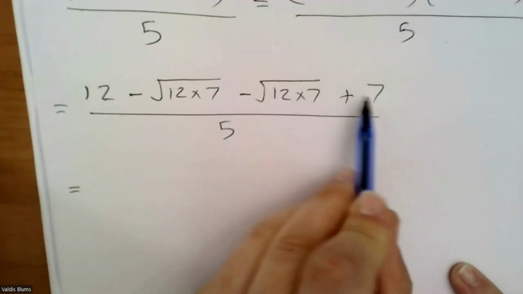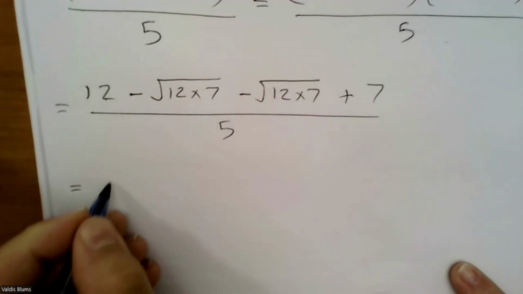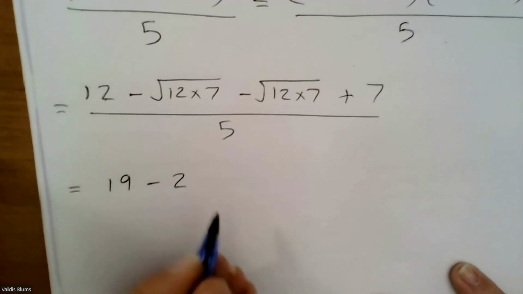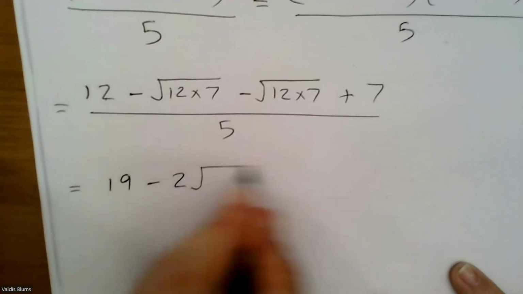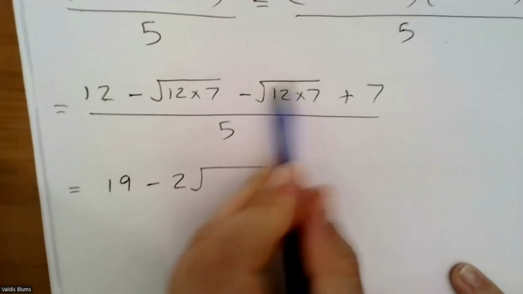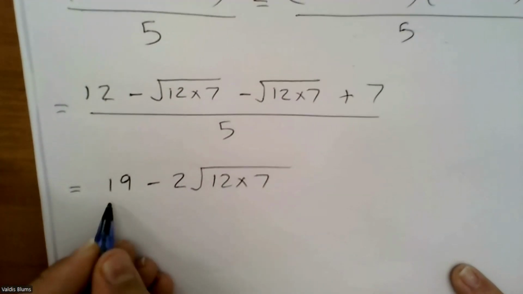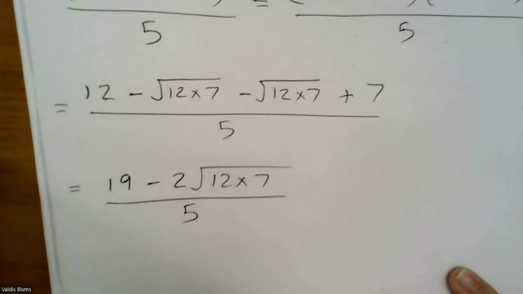We have 12 plus 7, so we have 19, minus 2 lots of 12 by 7 because we have 1 lot, 2 lots. So 2 lots of 12 by 7 all over 5.